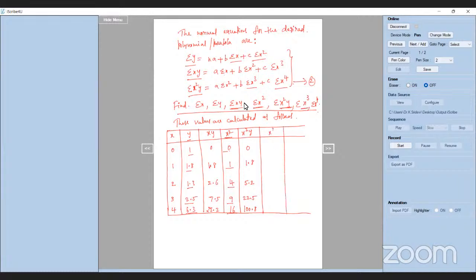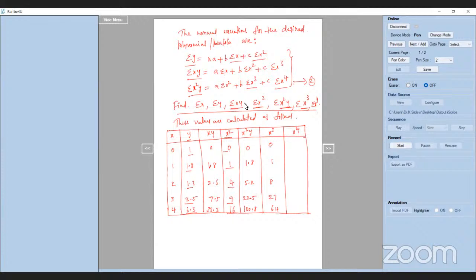What are the remaining values? X cube: 0 cube, 0. 1 cube, 1. 2 cube, 8. 3 cube, 27. 4 cube, 64. Similarly, x to the power 4 means x cube into x.